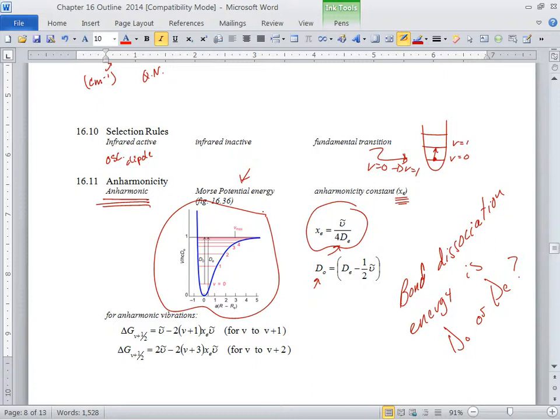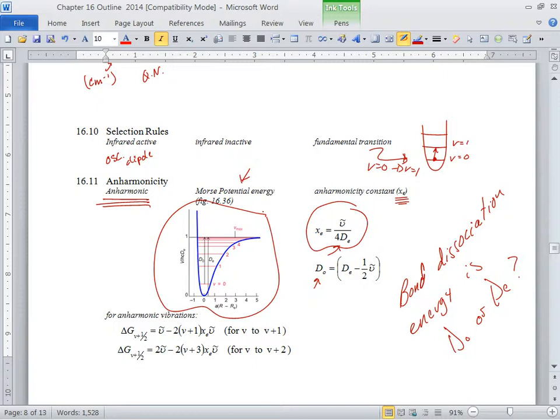So the bond dissociation energy must be the energy that you need to apply for what to happen? To dissociate, to break the bond. Okay. To me, that energy can't be DE because I can never get to the bottom of the well. Because that's zero-point energy. So DE is too big.